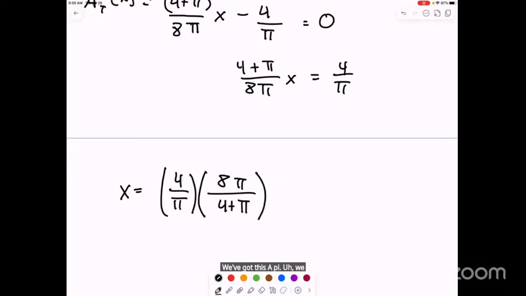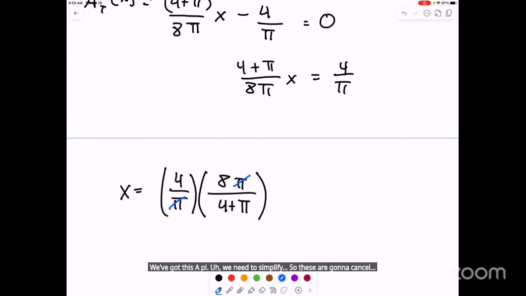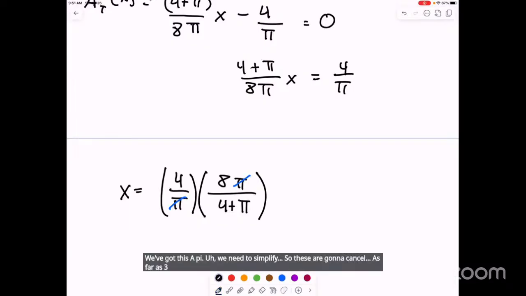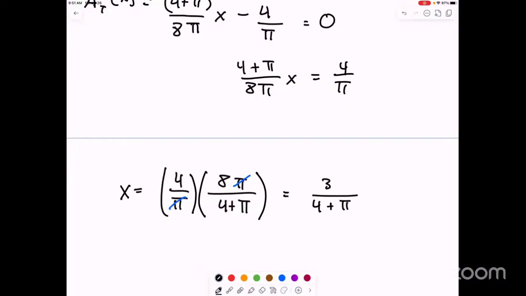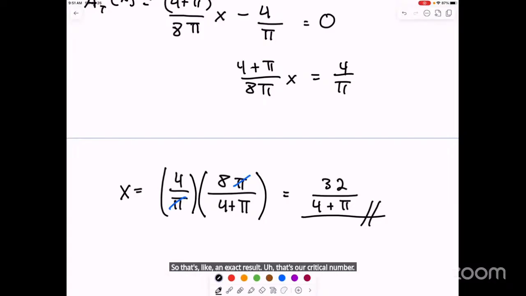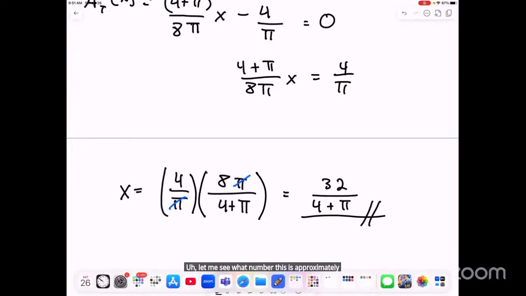We need to simplify, so these are going to cancel. As far as 32. So that's an exact result. That's our critical number. To finish the first derivative test, we should do a test on either side of this number. Let me see what number this is approximately equal to.